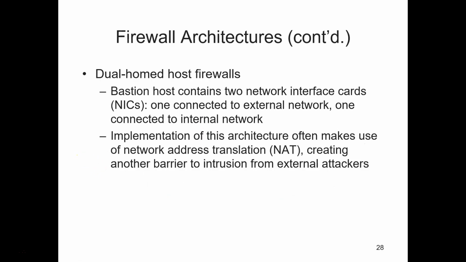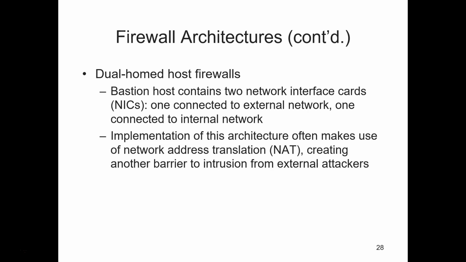With this approach, the bastion host contains two network cards, one connected to the external network and one connected to the internal network, providing an additional layer of protection by requiring all traffic to go through the firewall to move between the internal and external networks.